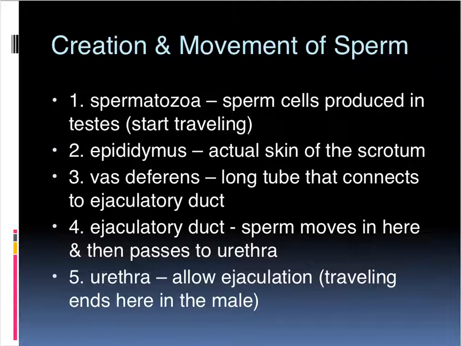The vas deferens is the long tube that connects to the ejaculatory duct. The ejaculatory duct is where the sperm moves in and then passes to the urethra. And then the urethra meets the external world and allows ejaculation. So the traveling ends here in the male and will either be released normally into the female vagina.